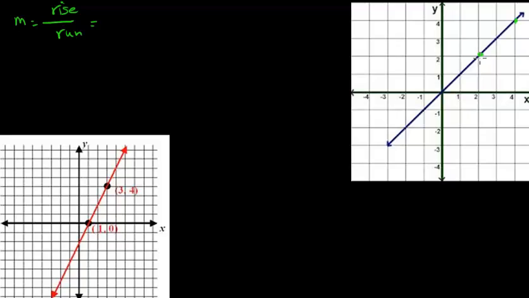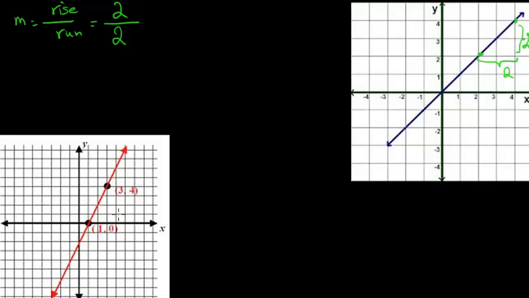The slope is the change in Y value over the change in X value. X runs by 2 and Y rises by 2. So we can safely say that the slope is 2 over 2.